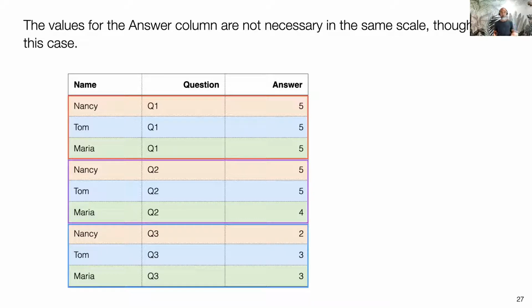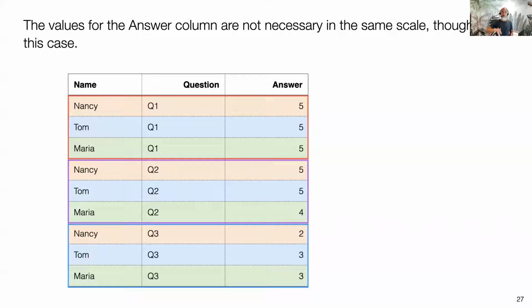But the way you should think about it is when you look at the answer, in this case, it's a similar kind of scale. Question 1, question 2, question 3, I don't know what those questions are, but it seems like a typical survey question, survey answer, ranging from 1 to 5, where 5 is the best and 1 is the lowest or something like that. So it's always 1 to 5.